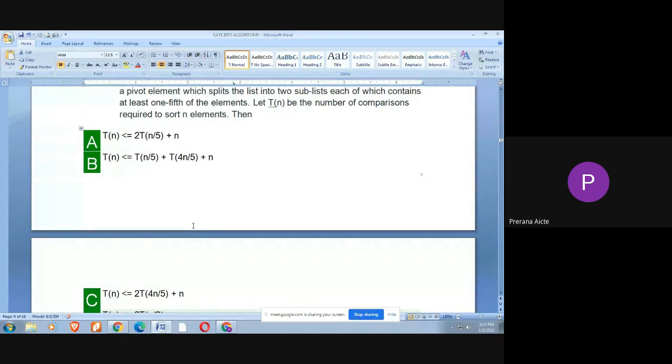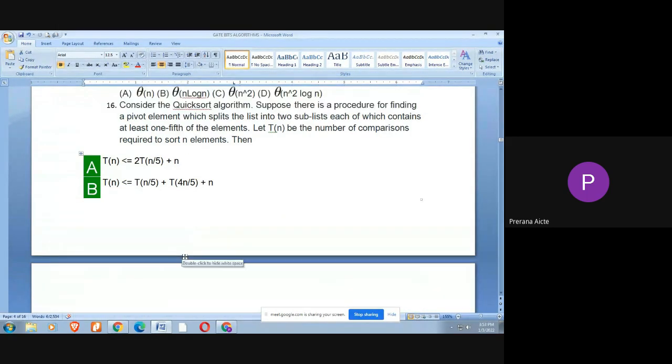So here the list splits by finding the position of the pivot. It splits the list into two sublists, one of which contains 1/5 of the elements and the other contains the remaining 4/5 of the elements. So we are going to have T of n equal to T of n by 5 plus T of 4n by 5 plus n, in order to find the position of the pivot.